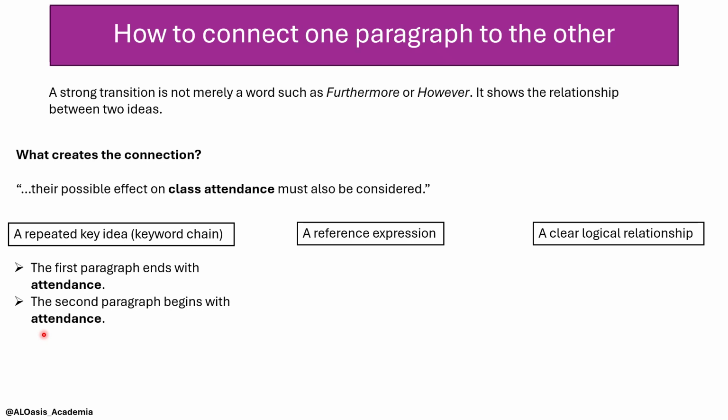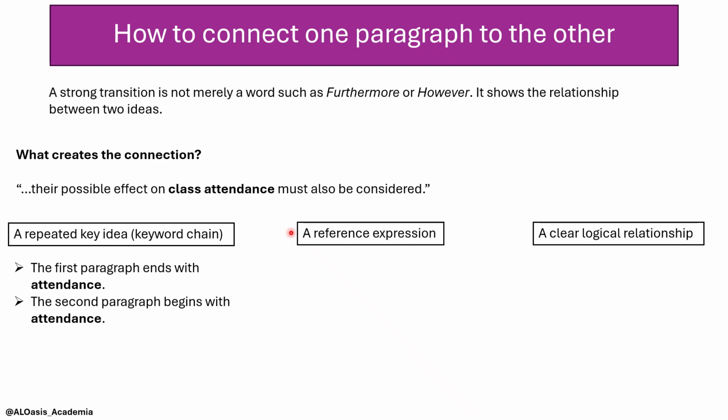You're going to write the topic sentence with an idea around the effect of recorded lectures and attendance. That's how the second paragraph should start, and I will show you in a minute how the example will look. But you need to understand now that this first method of connecting the new paragraph to the previous one is using the same idea. Here we ended with attendance, then the second paragraph will start also with the idea of attendance.